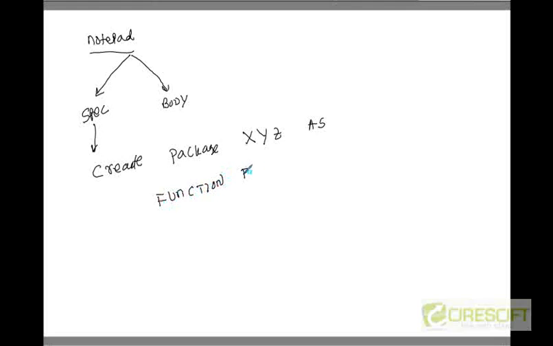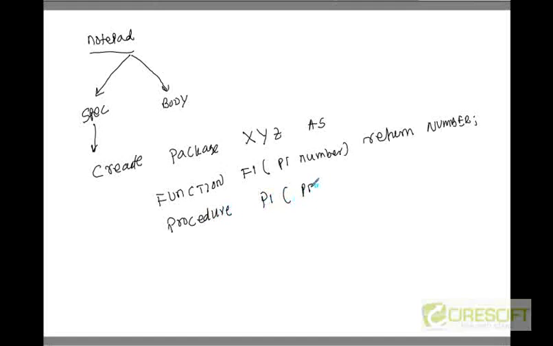Function f1, say p1 number, so it takes a number parameter and returns number, and then another is procedure p1, which takes one parameter, say p2 number, and that's it. And then I can say end XYZ. So with this I have created a package specification named XYZ.